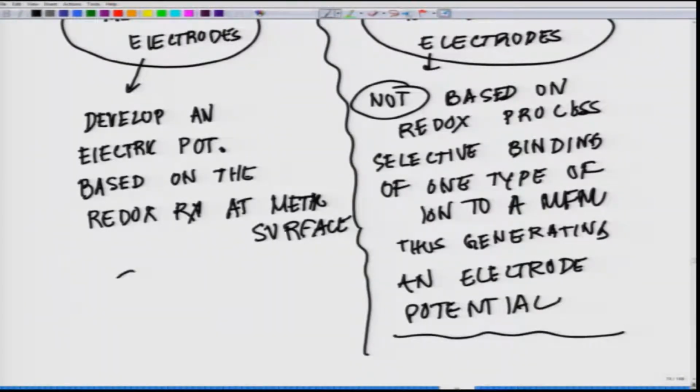So, the metal electrode is completely dependent on the redox reaction at the metal surface.